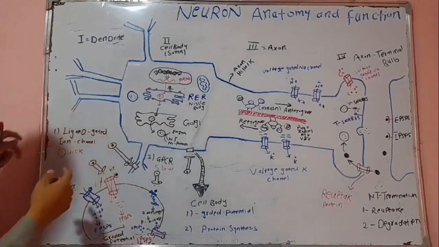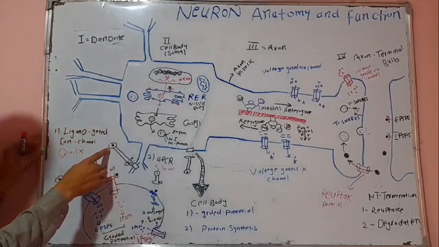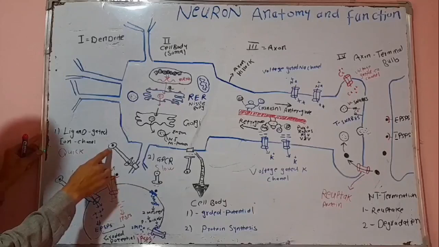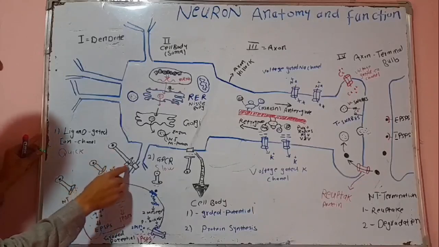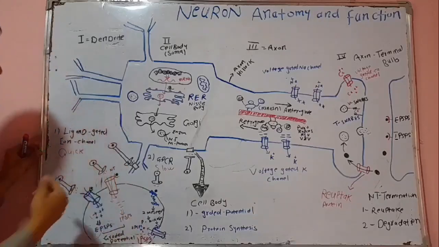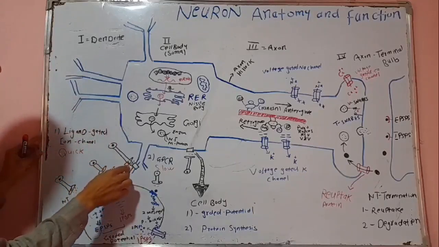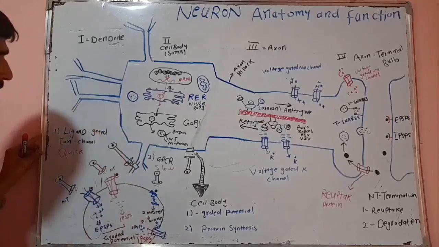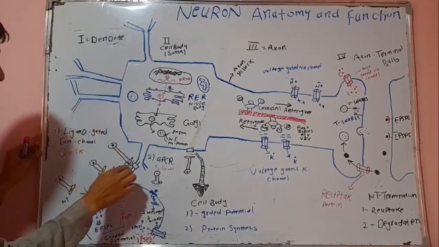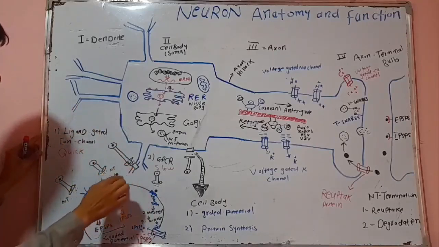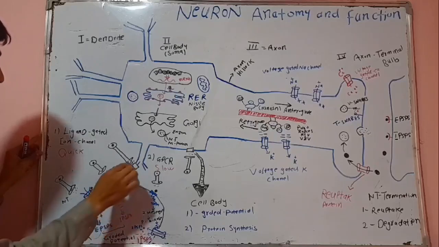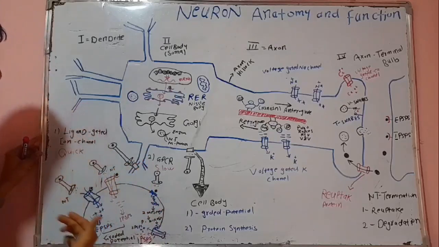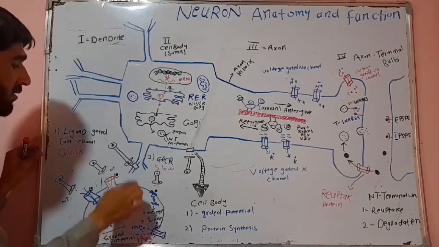Suppose there is a neuron, and this neuron releases some neurotransmitter. How does this neurotransmitter stimulate the cell membrane of this dendrite? If this neuron releases neurotransmitter, it will produce a potential within this dendrite.